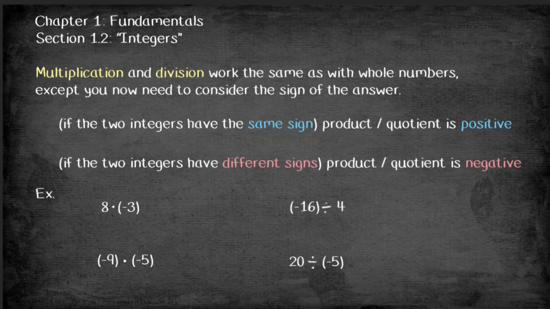So this first example, 8 times -3, we see that the numbers have different signs. So the product is going to be 24. And since they have different signs, my answer is -24.